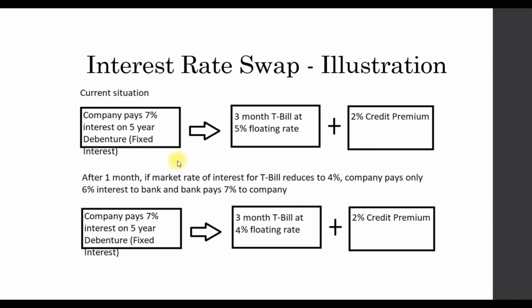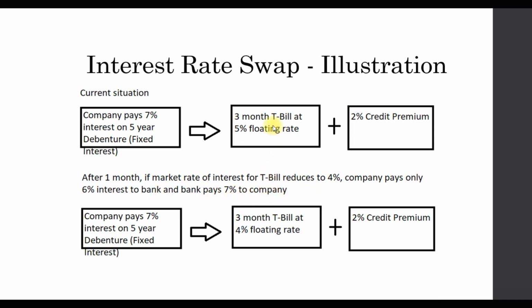So the bank pays 7% fixed interest to the company, and the company pays the 5% floating rate on a 3-month treasury bill plus 2% credit premium. Now here is where it gets tricky. After 1 month, if the market rate for the treasury bill reduces to 4%, the company pays only 6% to the bank and the bank still pays 7% to the company.